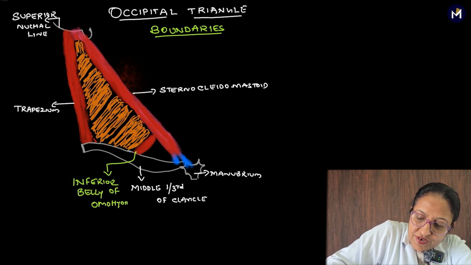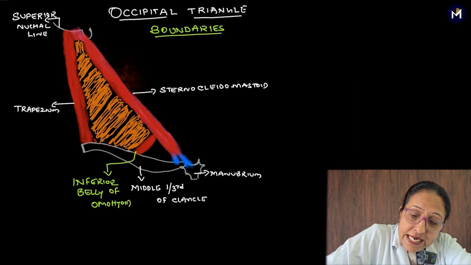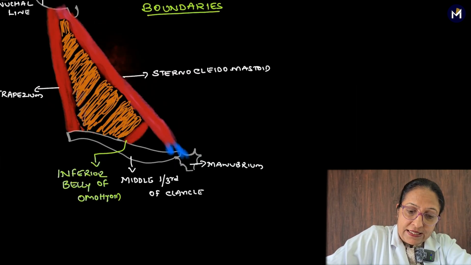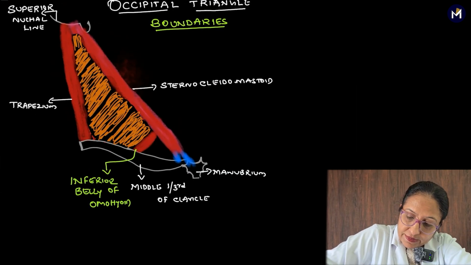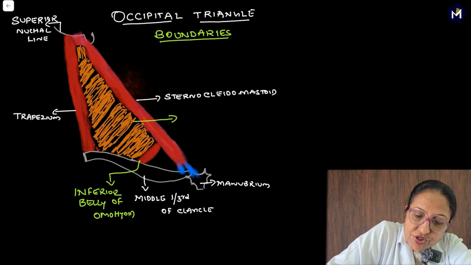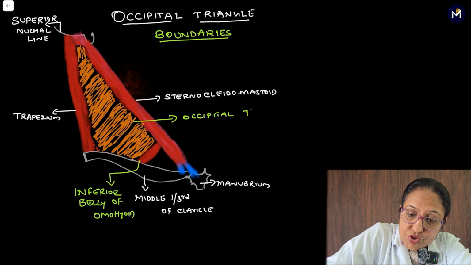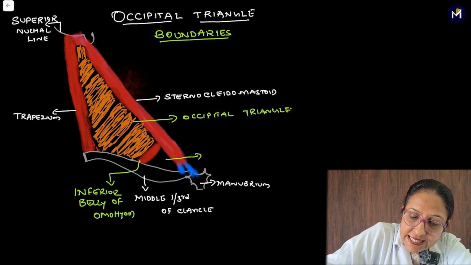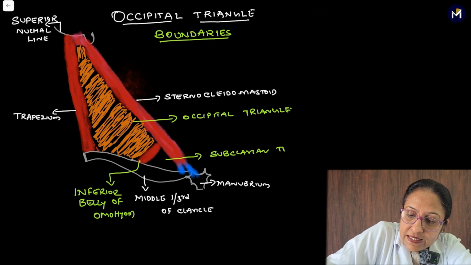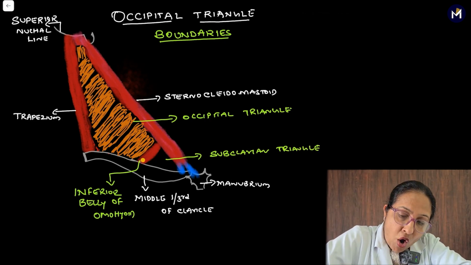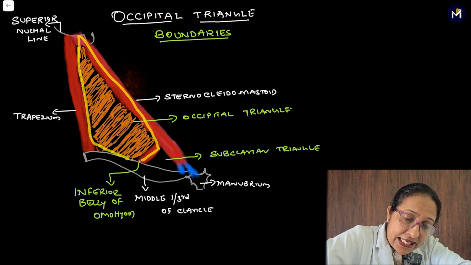It divides the posterior triangle into occipital triangle above, and subclavian triangle below. We are going to discuss only the occipital triangle today.